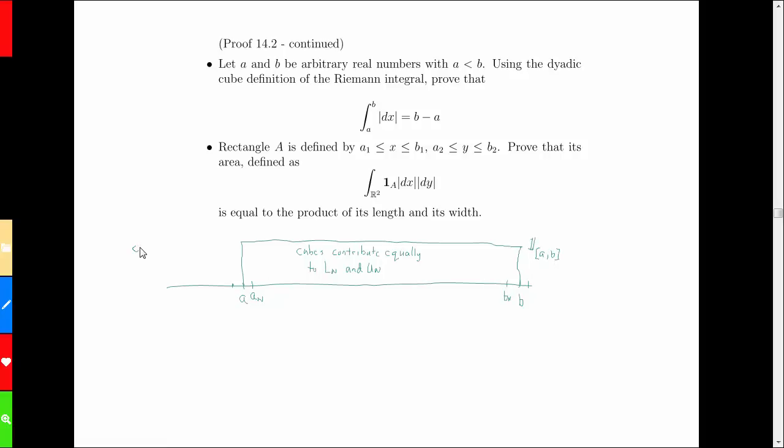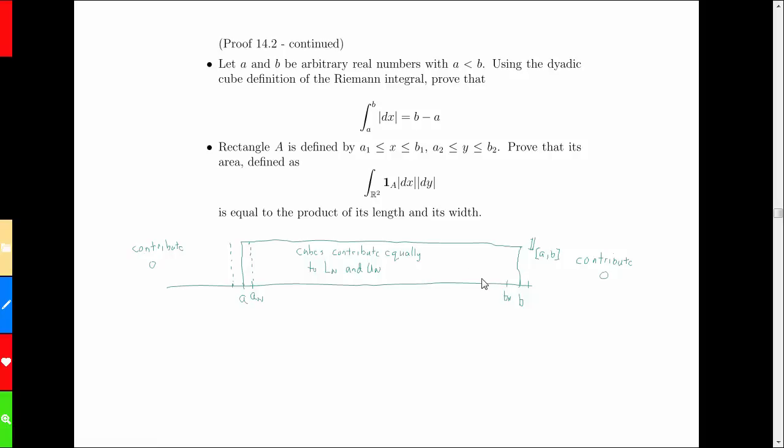Here, there are going to be a lot of cubes that contribute 0 to both the lower and upper sum, and up here there are going to be a lot of cubes that contribute 0. So there are only two exceptional cubes.